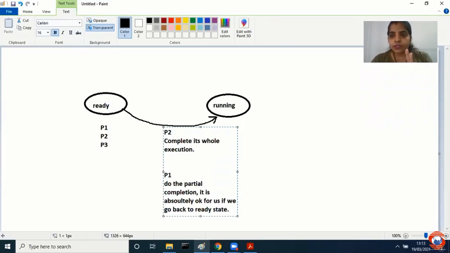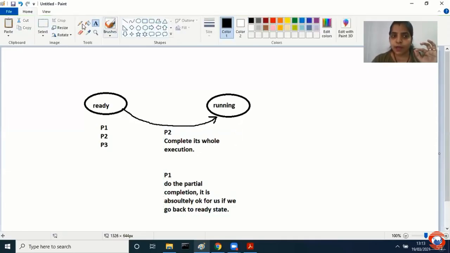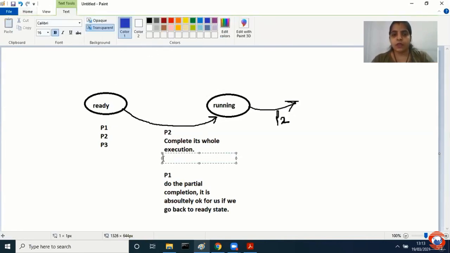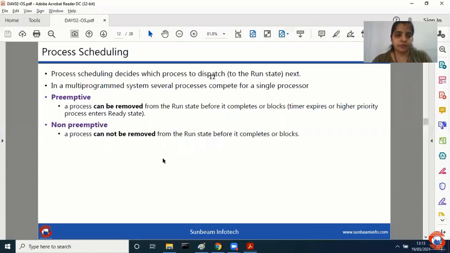The control of the CPU will be given to process P2 for its complete execution. Means एक बार अगर P2 को रनिंग स्टेट मिल गया, डायरेक्टली P2 टर्मिनेशन में जाएगा कंप्लीट करने के बाद ही. P2 को मैं फिर से रेडी में नहीं डाल सकती. This type of process is called non-preemptive.